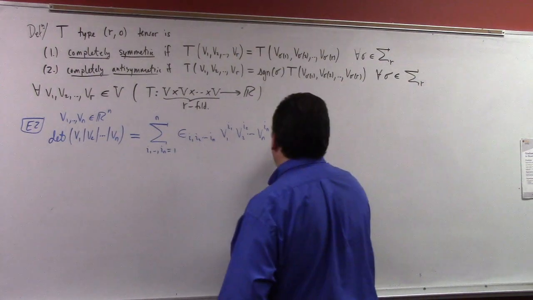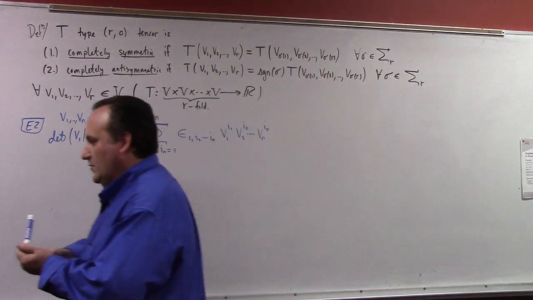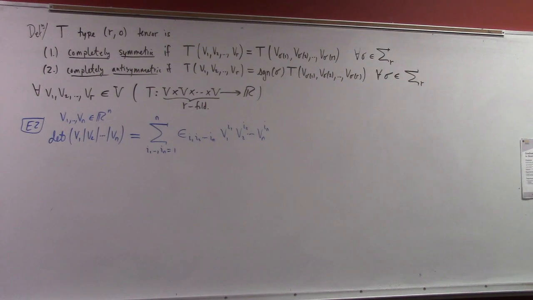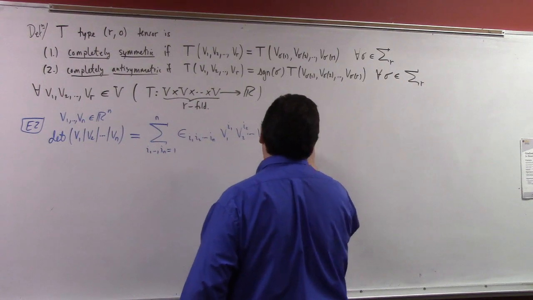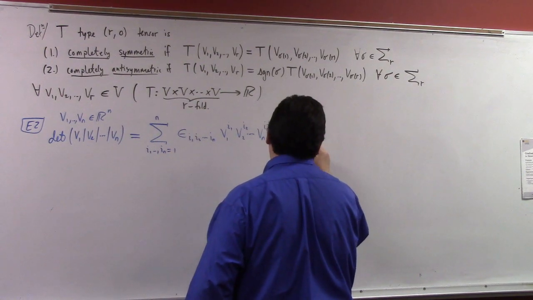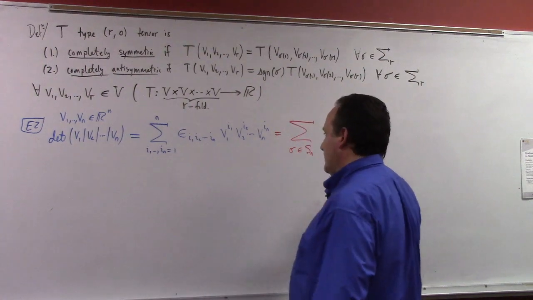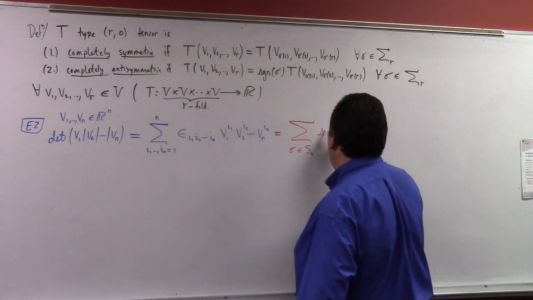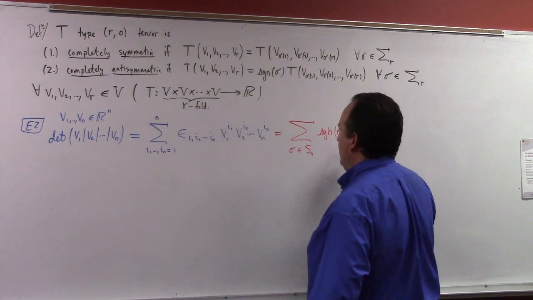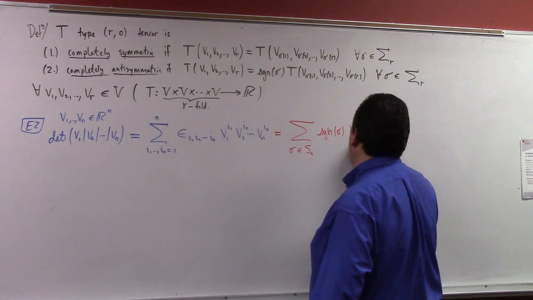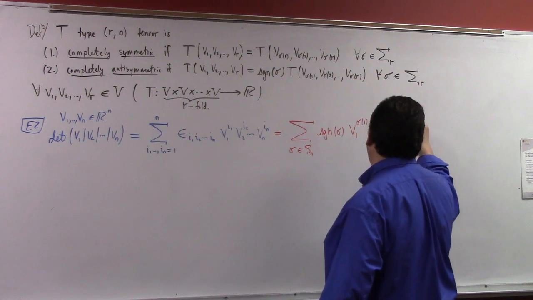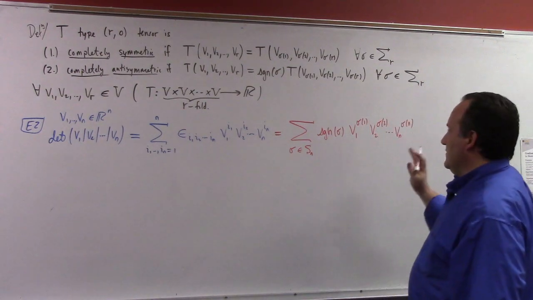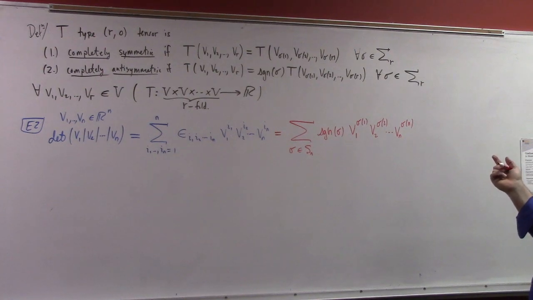It would look like the sum over sigma in Sn, because here we're permuting n things, of the sign of sigma, and then you've got V1, sigma 1, V2, sigma of 2, ..., Vn, sigma of n.